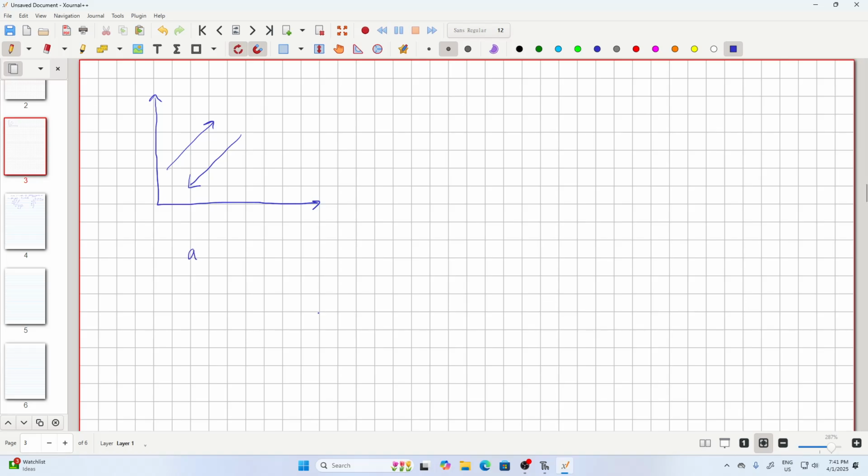So it means that if this is a and this is b, then a is equal to minus b. Okay, so minus b means the opposite of b. And what does it mean? Let's say a was 100, 200, right? Then b is going to be minus 100 and minus 200. So you just have to multiply minus 1 with both of them.